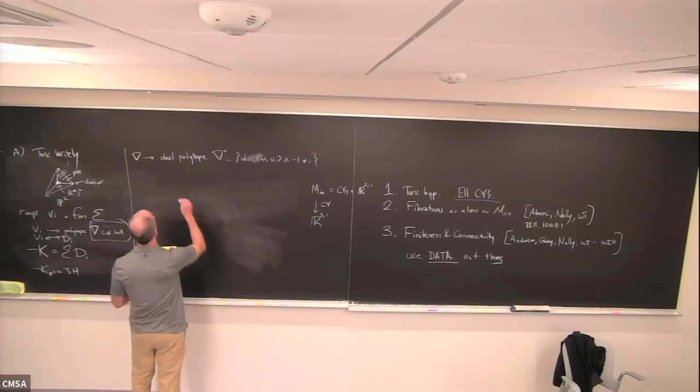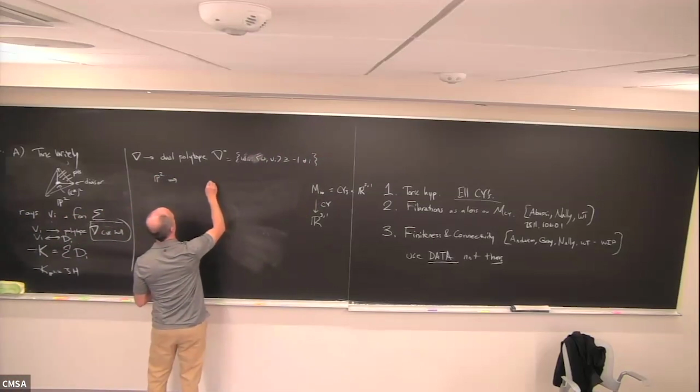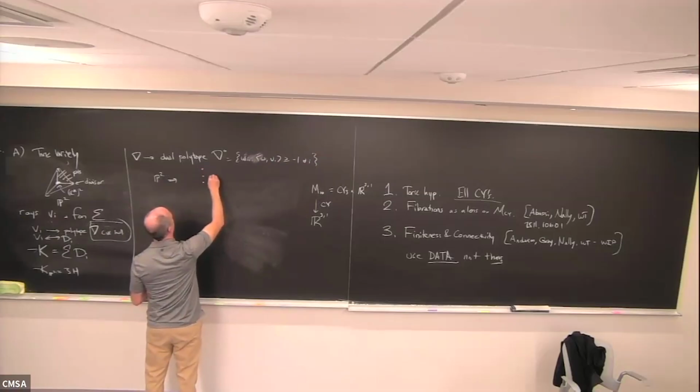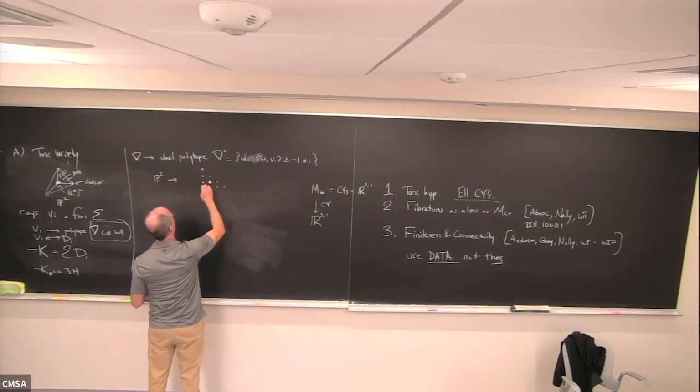So for instance, for P2, the dual polytope looks something like this. It's this set of lattice points.